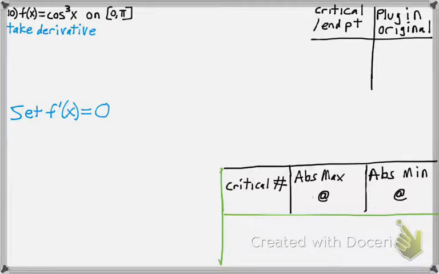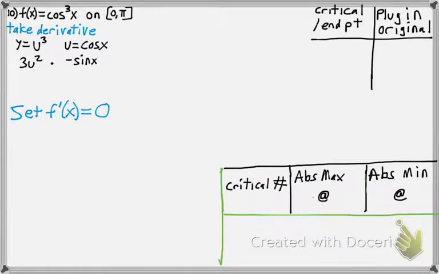Our first step is to take the derivative, and this is going to be a chain rule one. So y is going to be equal to u cubed, and u is going to be equal to cosine of x. If we take the derivative of both of those, the derivative of u cubed is 3u squared, and I'm multiplying this by the derivative of cosine, which is negative sine of x.